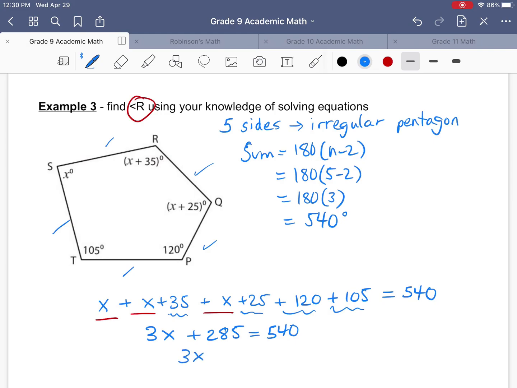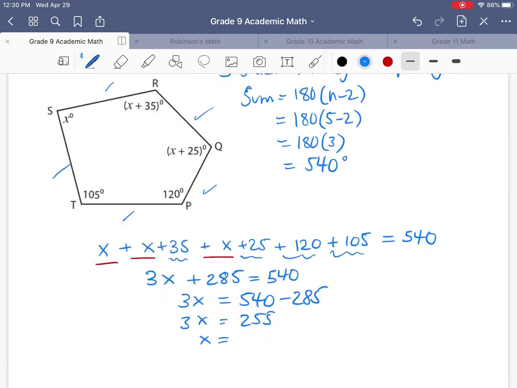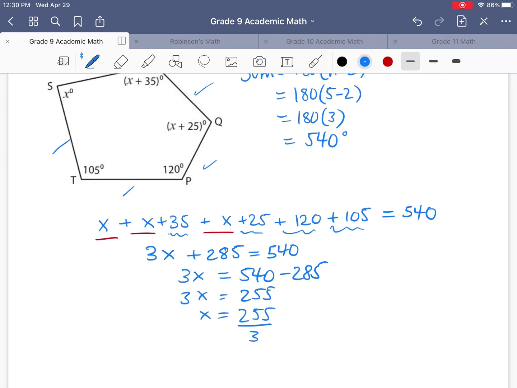Now we're going to subtract 285 from 540, and we end up with 3x is equal to 255. To get x by itself, we divide 255 by 3, and x is equal to 85.